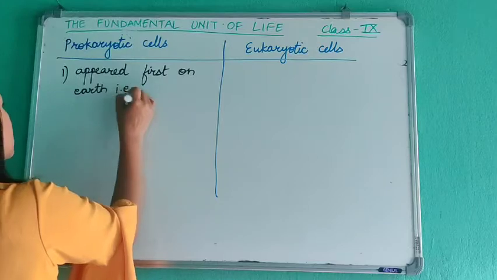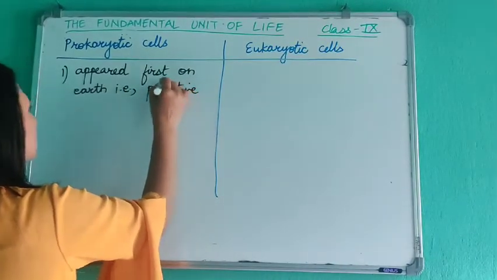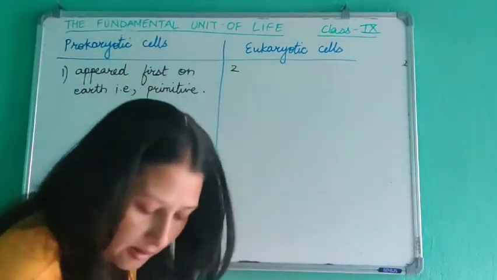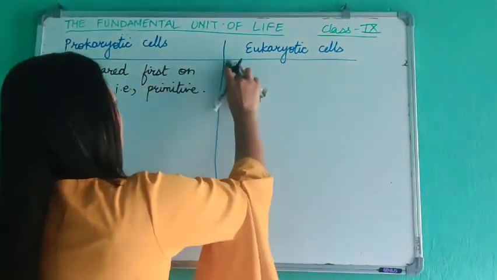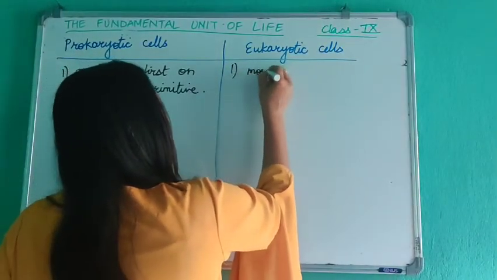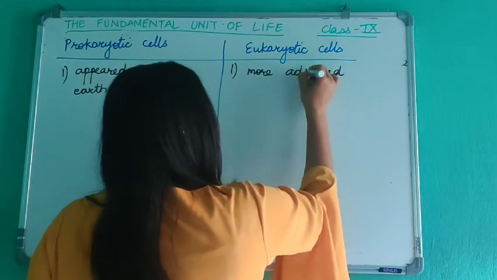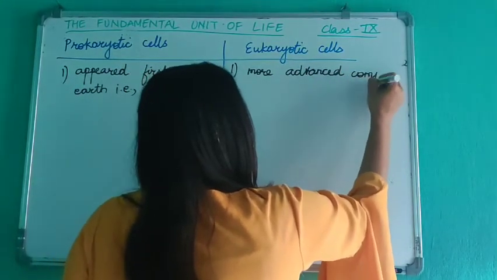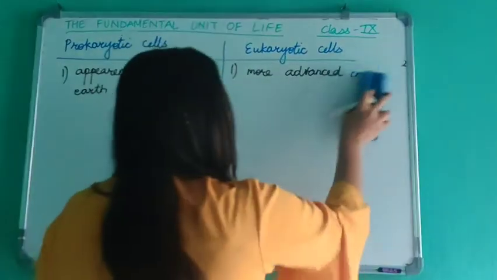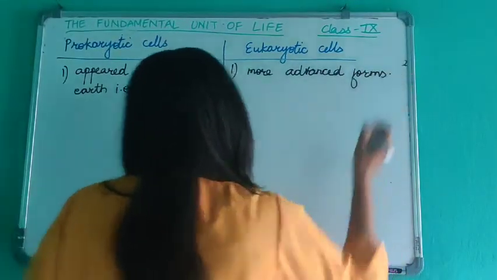They are more primitive forms, whereas eukaryotic cells are more advanced, more complex forms than prokaryotic cells. Okay, this is the first difference.